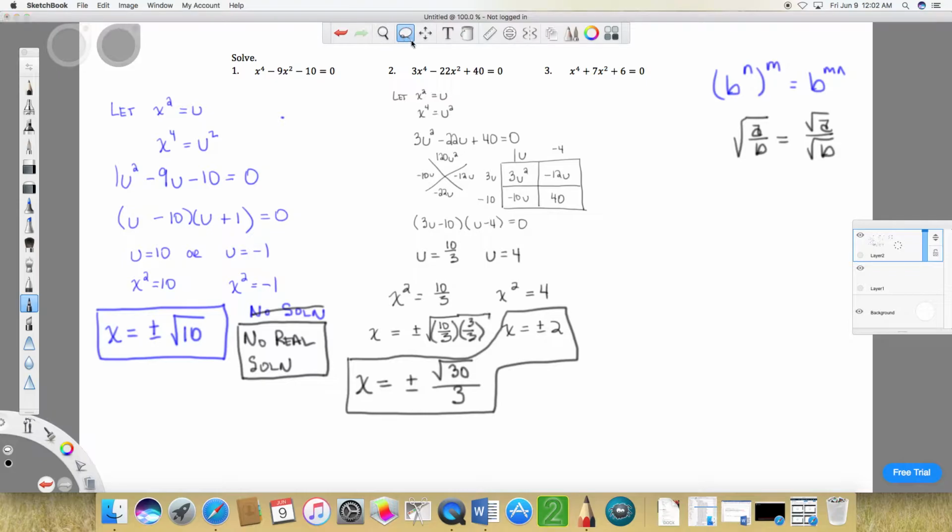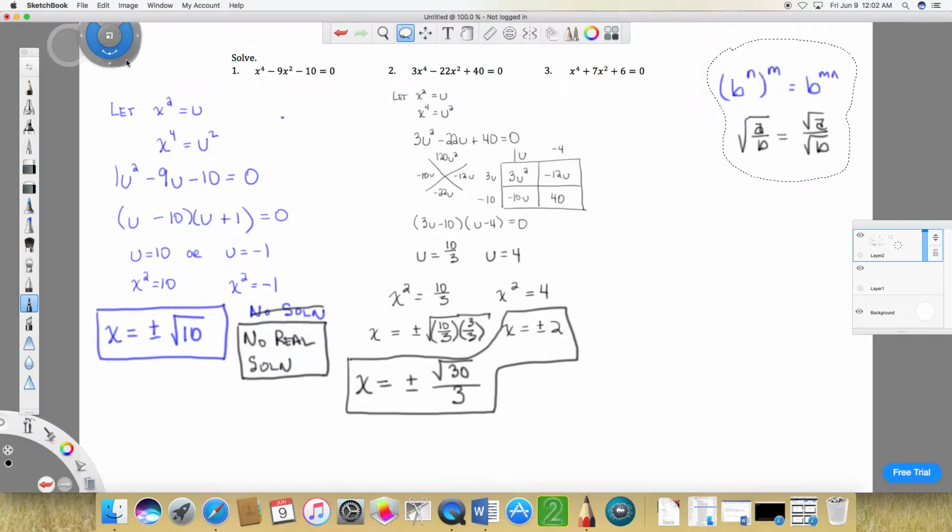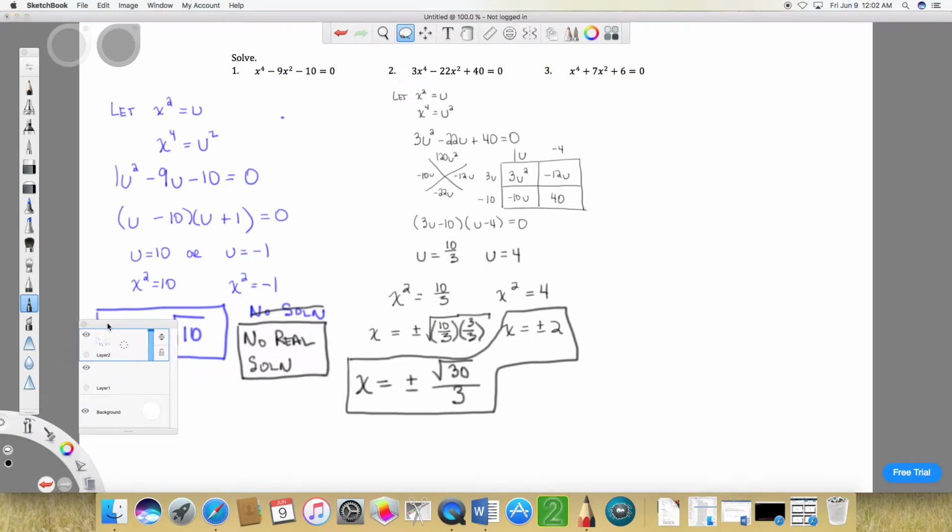All right, I'm going to move my properties right here out of my way. Maybe I should just go ahead and cut them completely out of the way. All right, now I think I have enough room over here to do this.